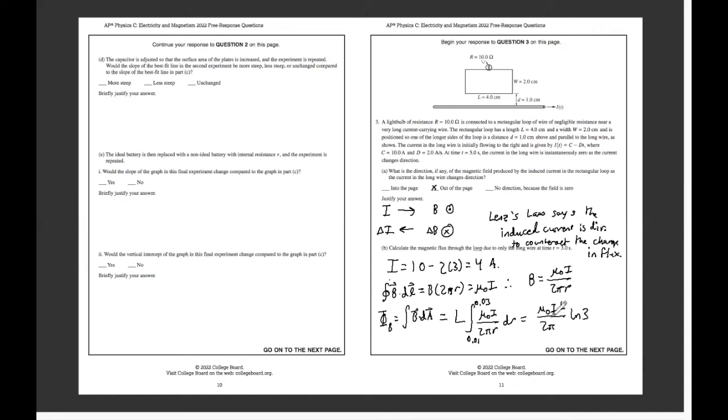And how do I get natural log of 3? The integral of 1 over R is natural log, and the subtraction of natural logs is their division. So ln of 0.03 minus ln of 0.01 is ln of 3.